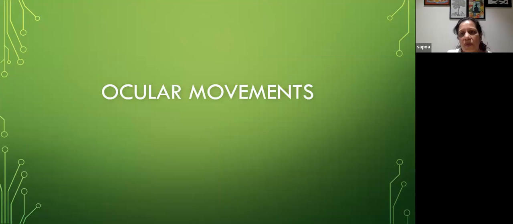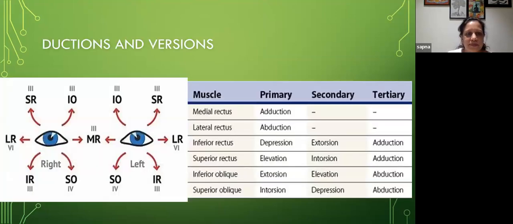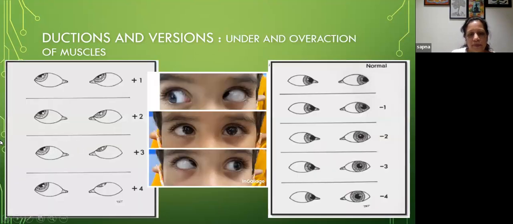Okay, now we go to the ocular movements. Very confusing, I think. Everyone knows the lateral rectus and the medial rectus. So here, there's a very easy way which I remembered to know how the inferior oblique and the superior oblique act.